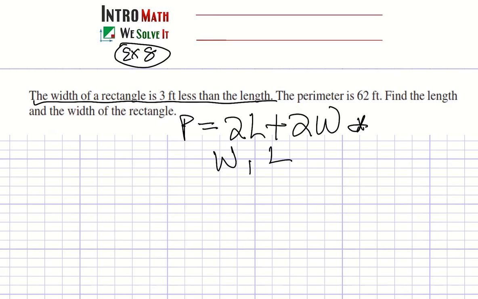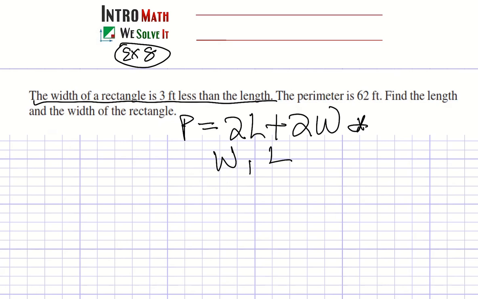You can express it in the length or you can express it in the width. So basically, the width is 3 feet less than the length.